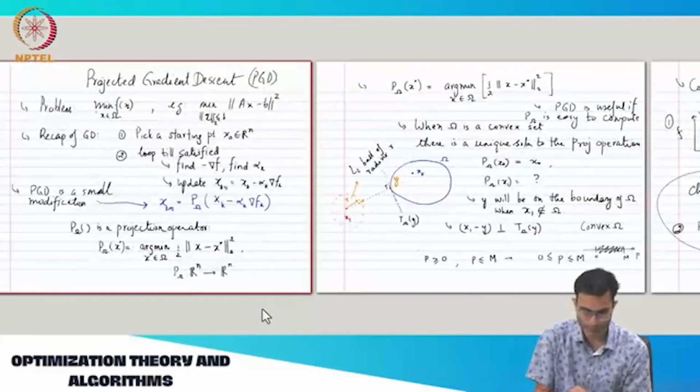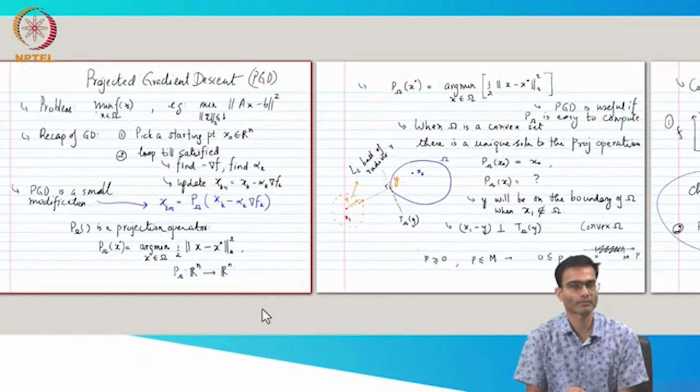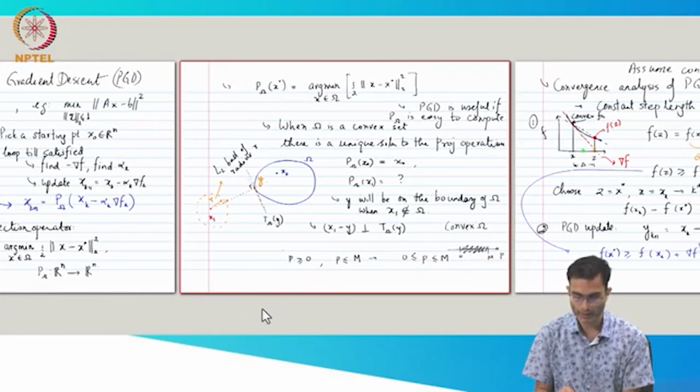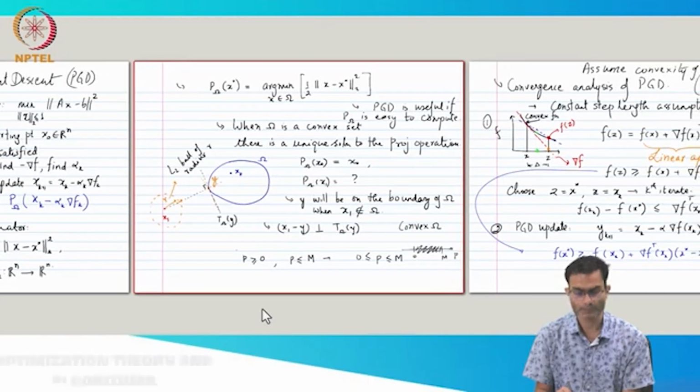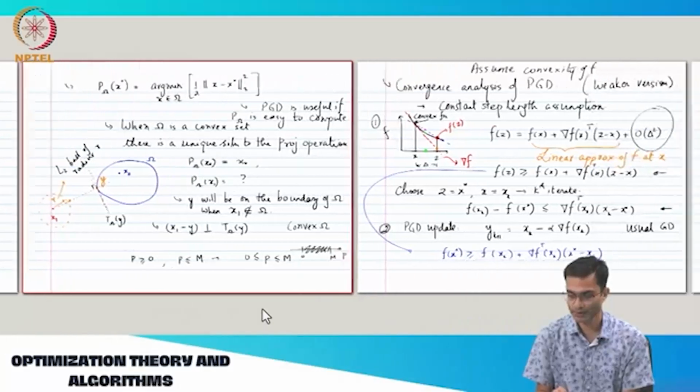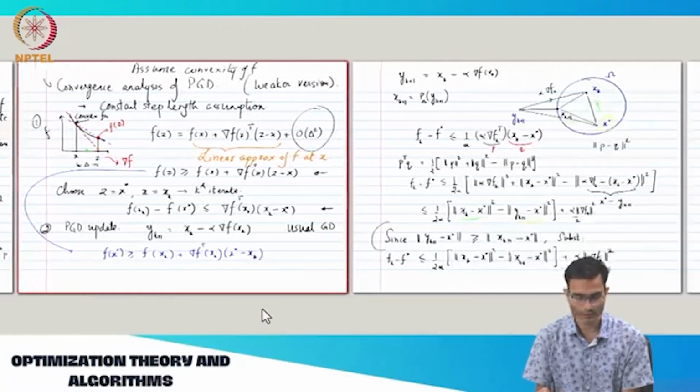So what we did was we started with the brief statement of the PGD, and some properties of the projection operation, how to think of it graphically or geometrically, and then we started this proof.